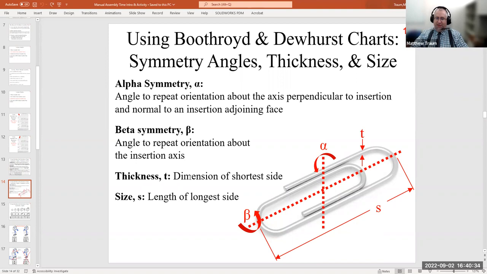So thickness is the dimension of the shortest side, but really it's the dimension that you're picking up the part with, right? Here the paperclip is laying flat on the table and you're picking it up, and your fingers are engaging with a thickness that's basically the diameter of the wire that the paperclip is made out of.